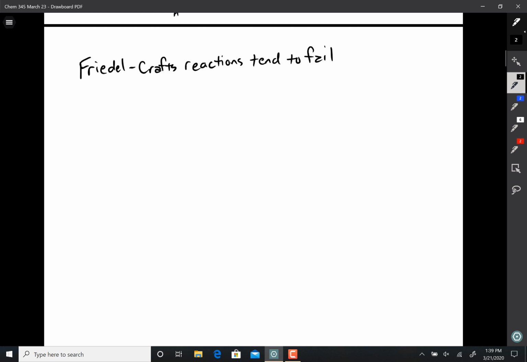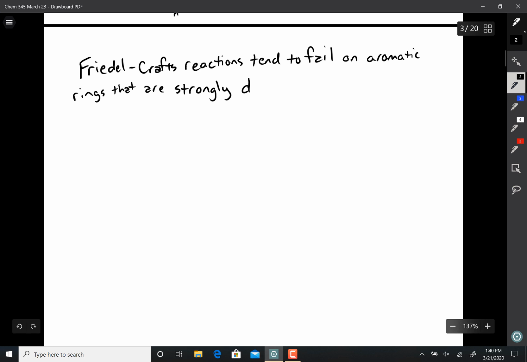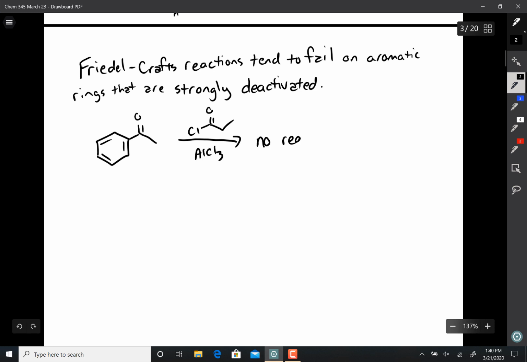Because Friedel-Crafts reactions tend to fail on aromatic rings that are strongly deactivated, i.e., if you have a strongly electron withdrawing group on there, it doesn't work.